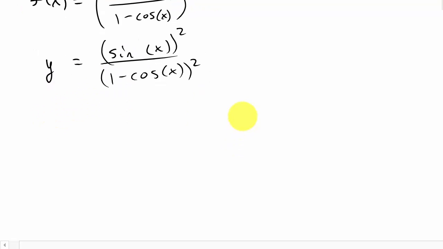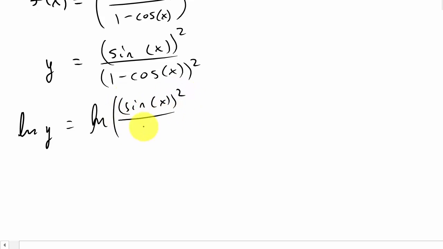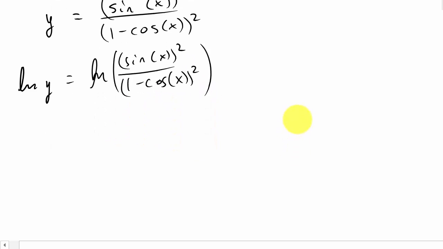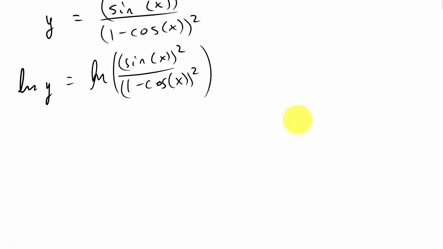Now I'm going to take the natural log of both sides. So that's sine x over 1 minus cosine x, all of that squared. This is going to make you appreciate logarithms more. So we have natural log y equals. Now remember, when we're dividing, we can split this up using subtraction.